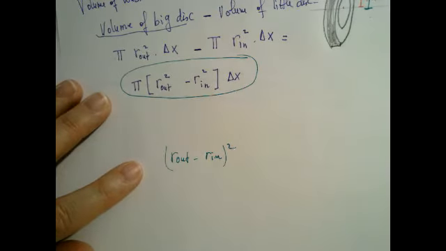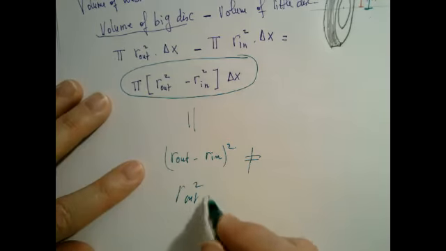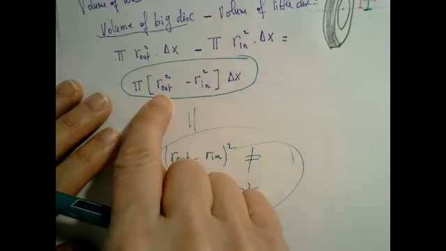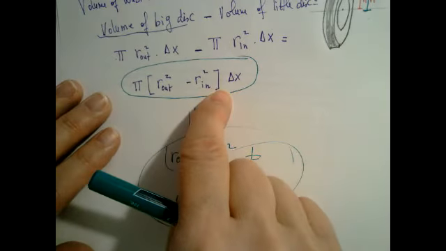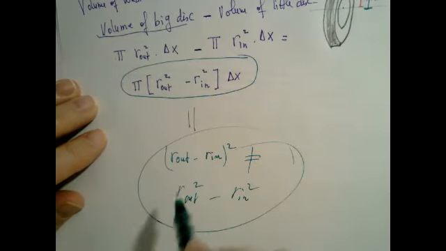Absolutely not. Those are not equal, because this minus that is not the same. That's the same mistake you made a minute ago. It's the outer square minus the inner square, and you factor out those two. So absolutely that's not correct.